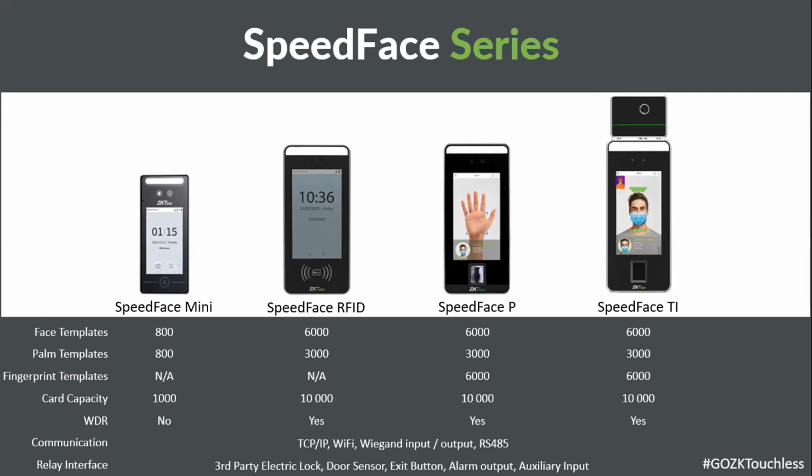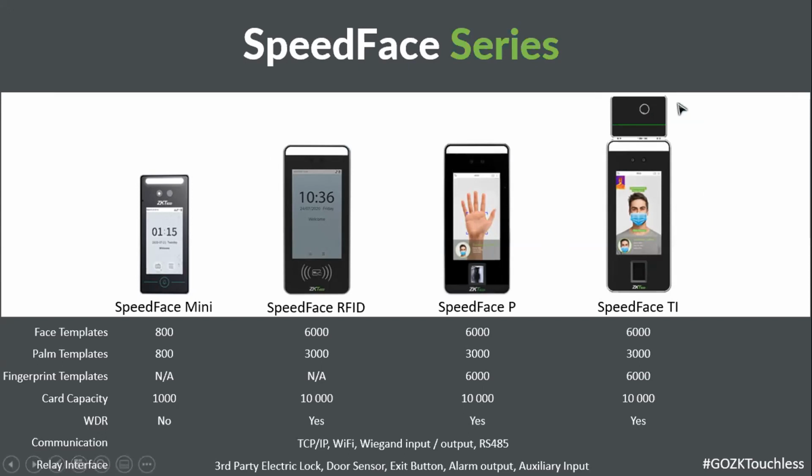All of them also come with built-in Wi-Fi, so you don't always have to run wires to communicate with the reader. As long as you have stable Wi-Fi, you can use it. They also have outputs and inputs, to which you can connect Wiegand readers.